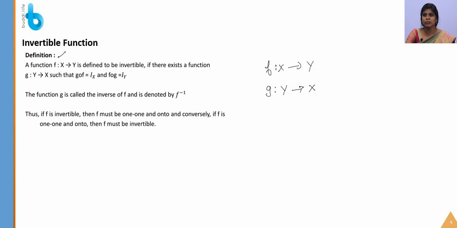The domain and codomain will interchange for the g function. And there is also another condition for this f to be an invertible function, that g composite f is equal to the identity function in the domain of f.